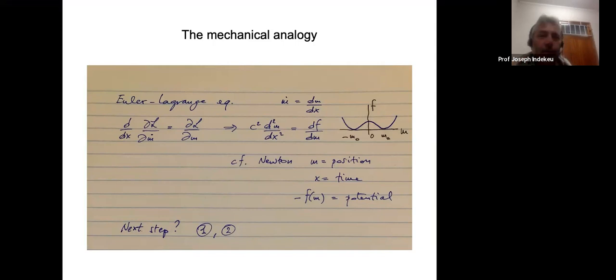So this is an analogy between thermodynamics and mechanics, and we will see that it has some kind of dictionary of correspondence. The Euler-Lagrange equation that we can derive rather easily from our functional.